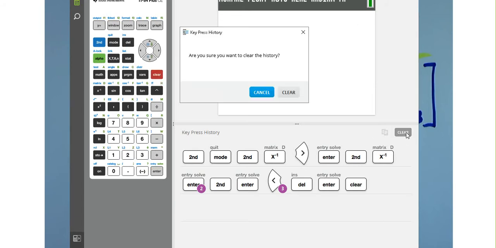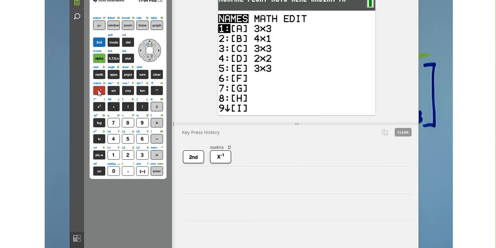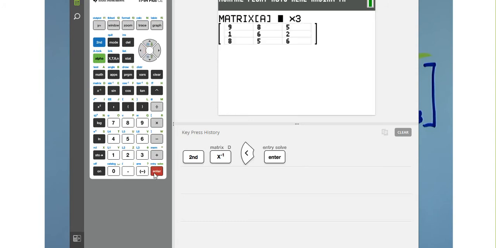So let me clear this. You're going to hit the second key, then the matrix key, and then go over to edit. And we want a 4x4 matrix.